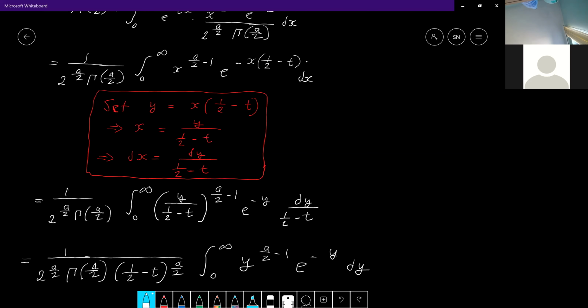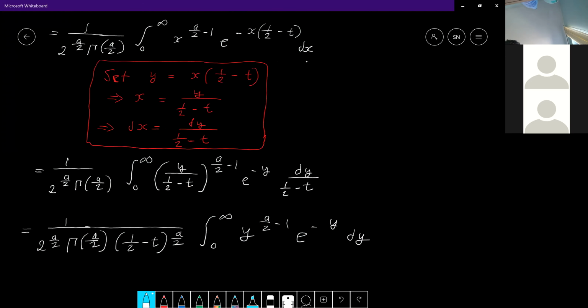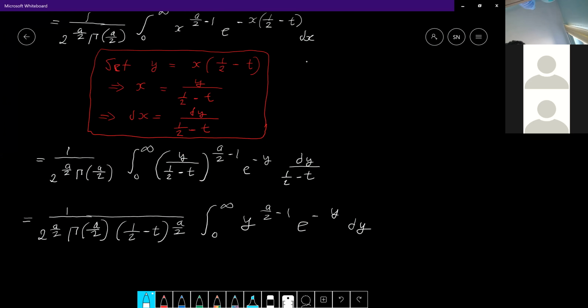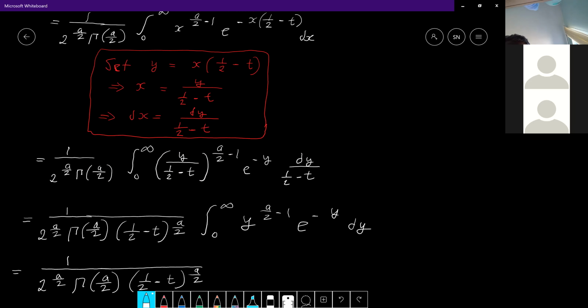This is what you get. Now you may recall from yesterday that this integral here is simply the gamma function at a over 2.